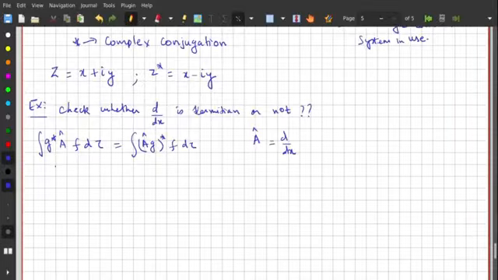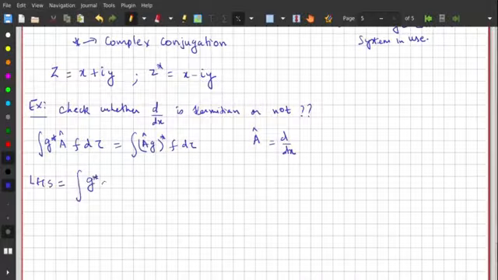So let's take the left hand side. The LHS becomes the integral of g star df/dx, and let's do it in one dimension, so d tau becomes just dx.